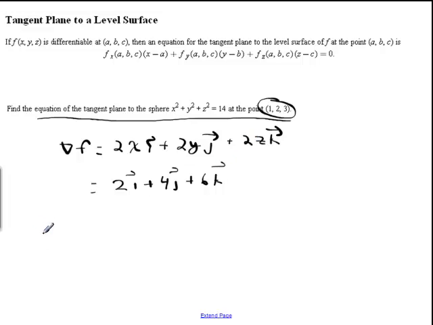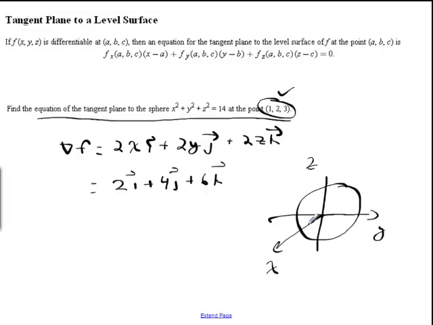So my tangent plane, this is the plane that is tangent to the sphere at this point. So let's see if we can try to draw this. We've got some sphere here, and at the point 1, 2, 3, at this point here, we have a vector that's going 2 in the x, and then 4 in the y, and then 6 in the k.